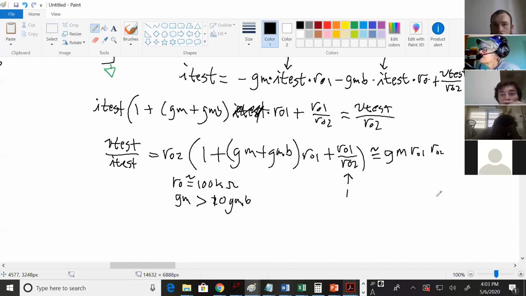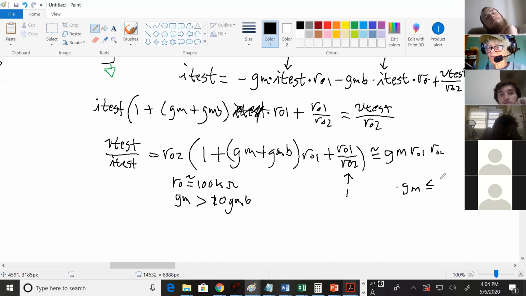Doesn't the GM greatly bring it down though? GM can be like somewhere between, see if my pen decides, oh, it works again. I don't know what's going on with this. Okay, it stopped working again. GM is often, not always, and at really small currents like on an IC they get smaller, but for the breadboards that you have, somewhere like this is reasonable.